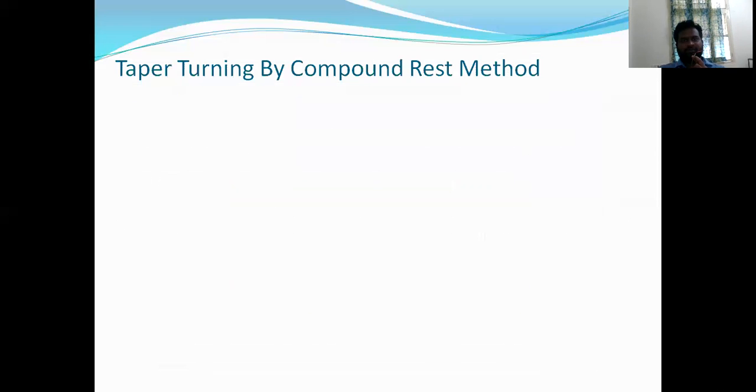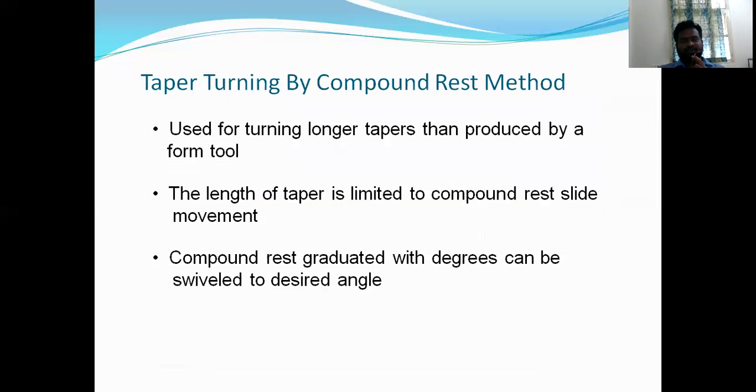Before discussing the taper angle calculation, once again recall taper turning by the compound rest method. In the compound rest method, the compound rest has some degrees on it, so it is swiveled to the desired angle because it is graduated with degrees.